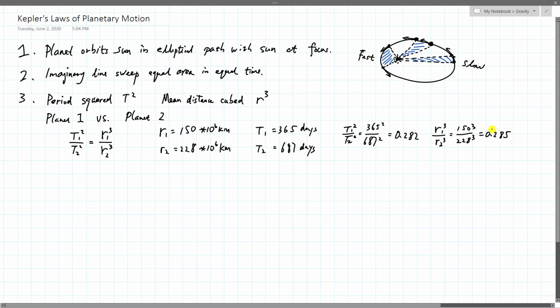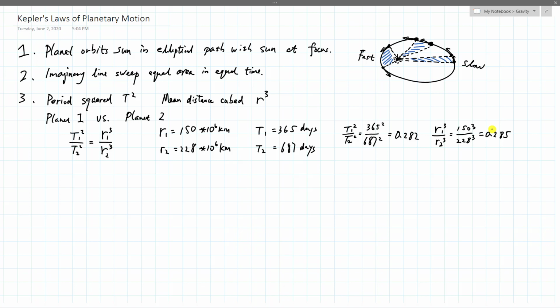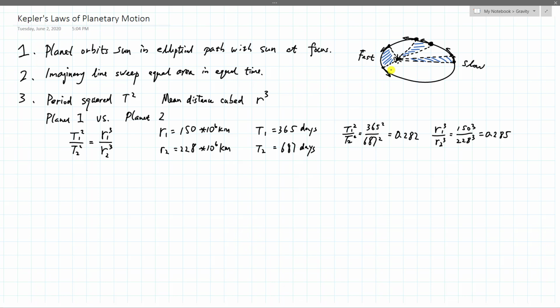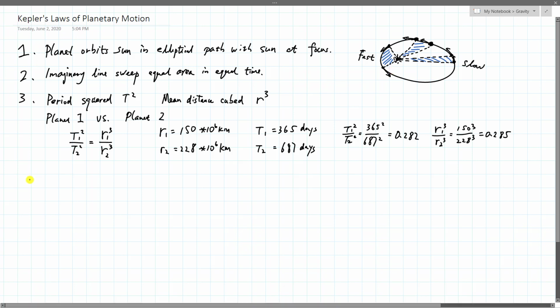Earth and Mars are affected by the Sun, but they're also affected by other planets. So there could be some corrections to that exactness, which only considers the Sun as the only source of gravitational force. So let's derive this. We will need basically two things. It's not an exact derivation, but kind of a demonstration.